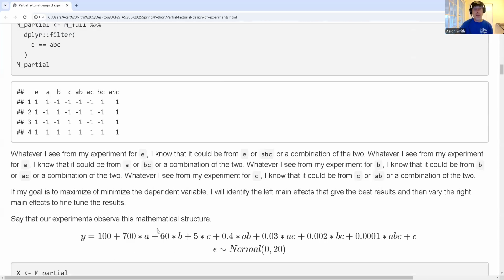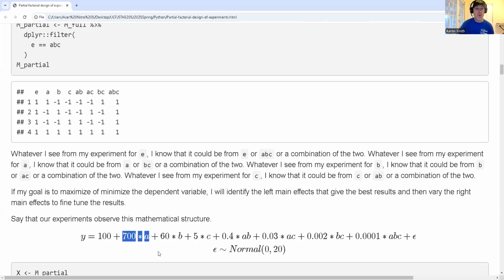All right, so let's pretend that this is the actual true situation. Here's the equation of the true result. Here is my dependent variable. I have 3 independent variables of A, B, and C that I have interactions going down the line. And you'll notice I've set it up so that the largest coefficients are to the left and the smaller coefficients are to the right, except for the intercept.